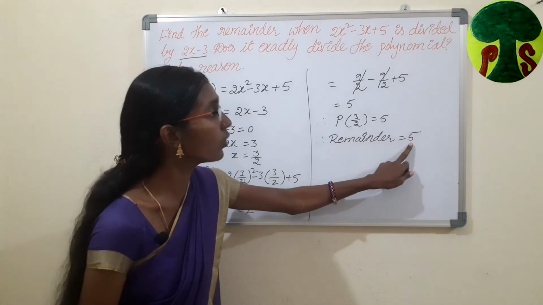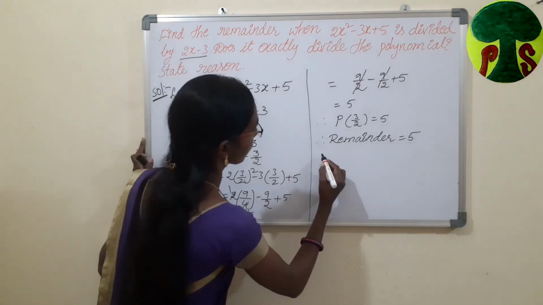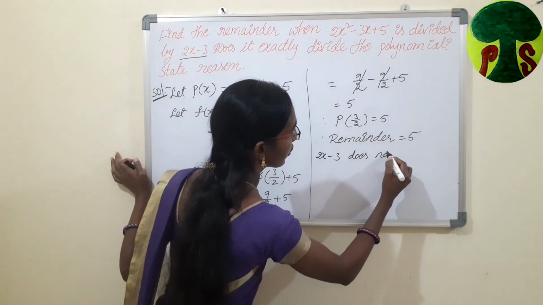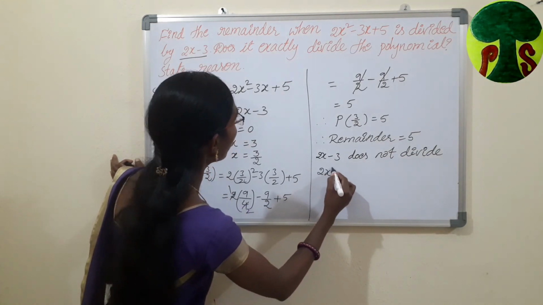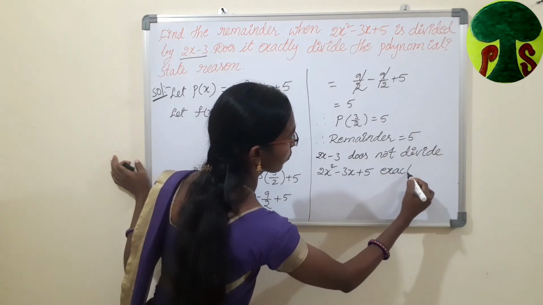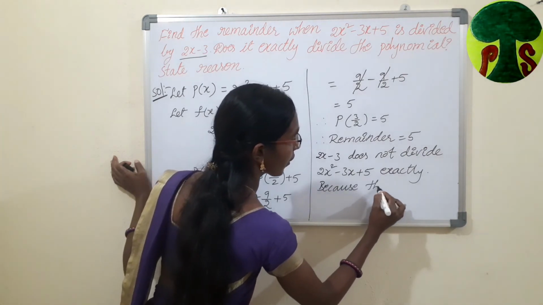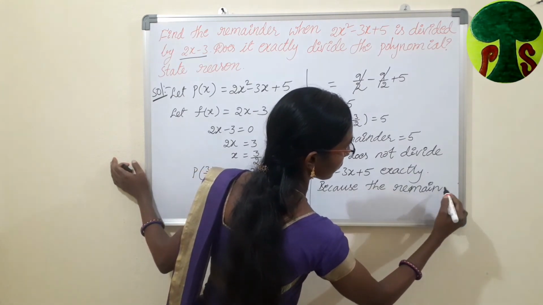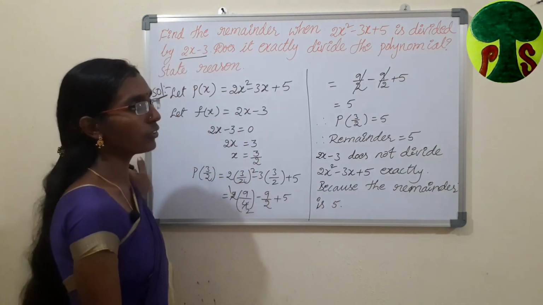Whenever the remainder is 0, then only the given polynomial divides exactly. 2x minus 3 does not divide 2x square minus 3x plus 5 exactly, because the remainder is 5, which is not equal to 0.